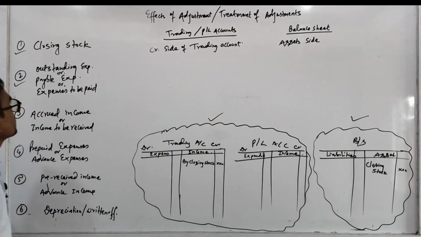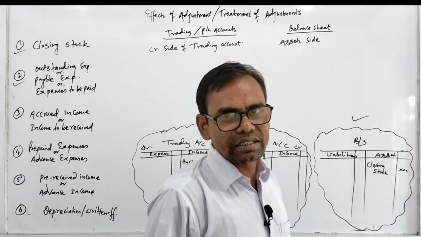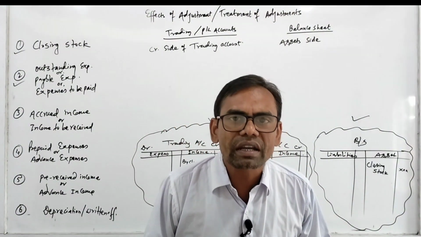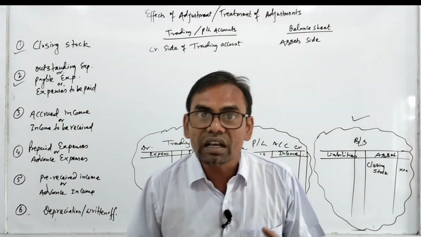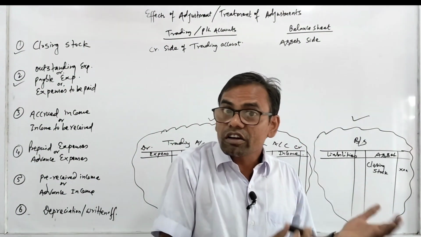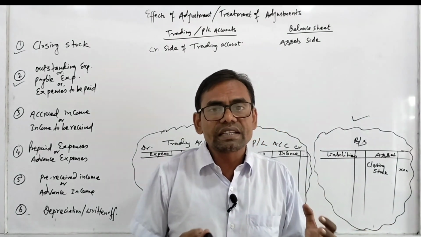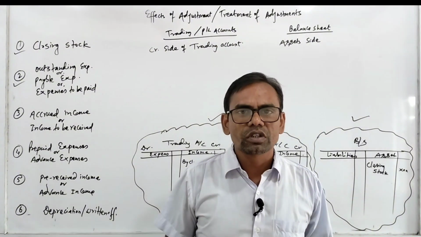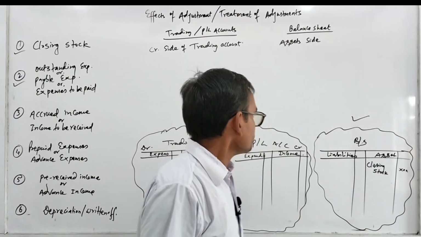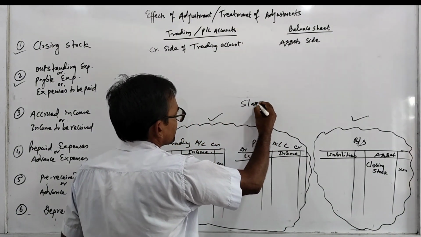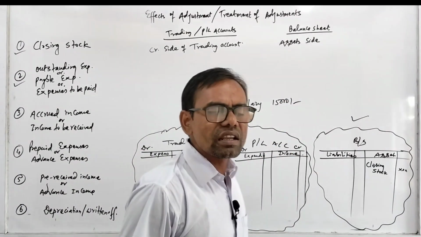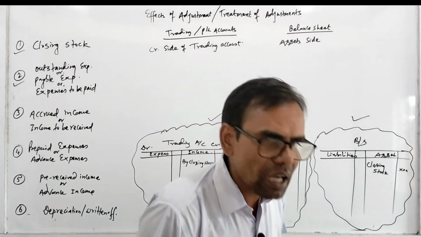Next, outstanding expenditure. These are expenditures which are due but not paid. They are related to the year but not recorded. Suppose there is salary of 15,000 but 5,000 is still remaining to be paid.